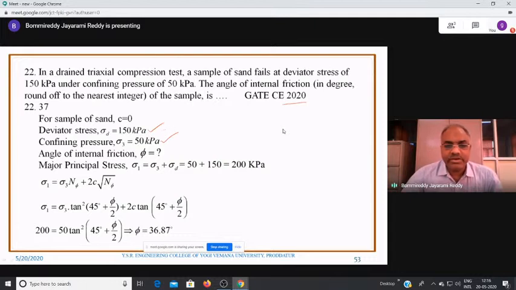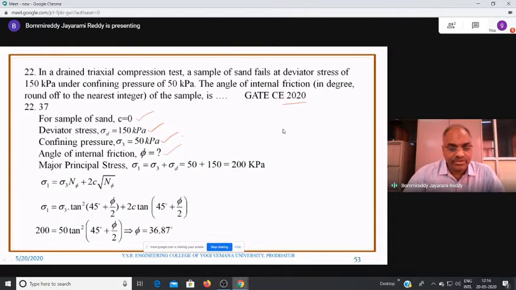The angle of internal friction of the soil sample is? What is the test? It is a drained triaxial compression test, a sample of sand. Remember here, a sample of sand. Sample of sand means cohesion equal to 0. Sample of sand, C equal to 0. And the question is, what is the C value?